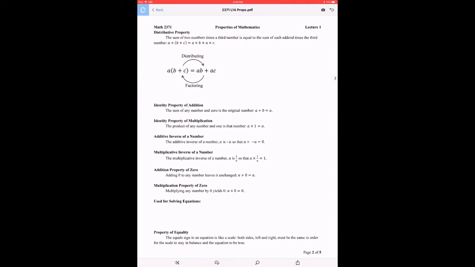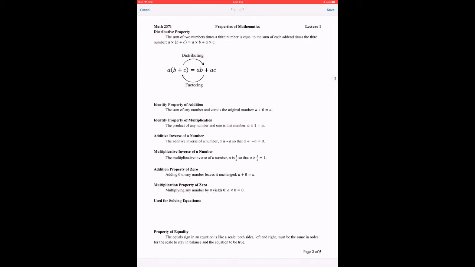On the next page, we have the distributive property. The distributive property of math, if we go this direction, we have the distributive property, whereas if we go this direction, we have factoring.